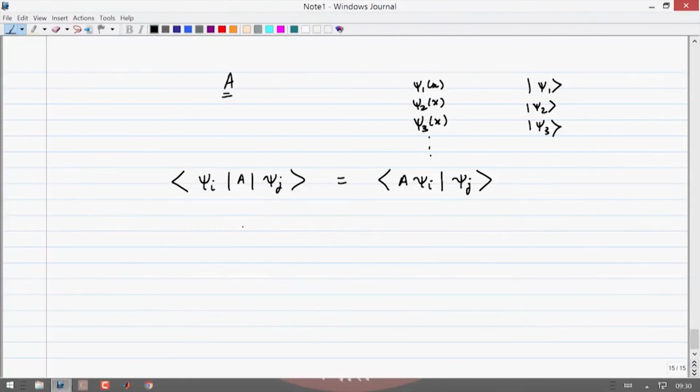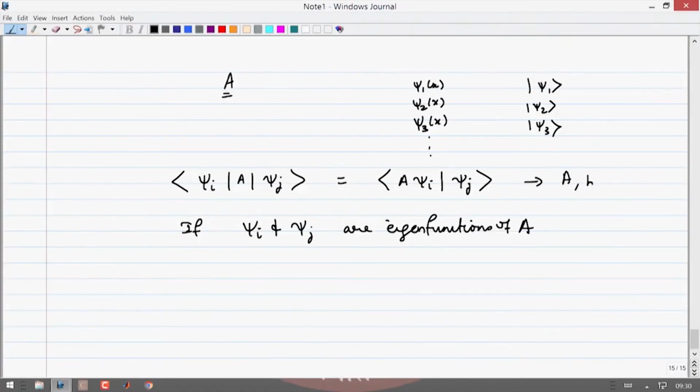If psi i and psi j are eigenfunctions of A, this is for A Hermitian. Then A psi i gives you some eigenvalue A times psi i, and A psi j gives you another eigenvalue B times psi j.